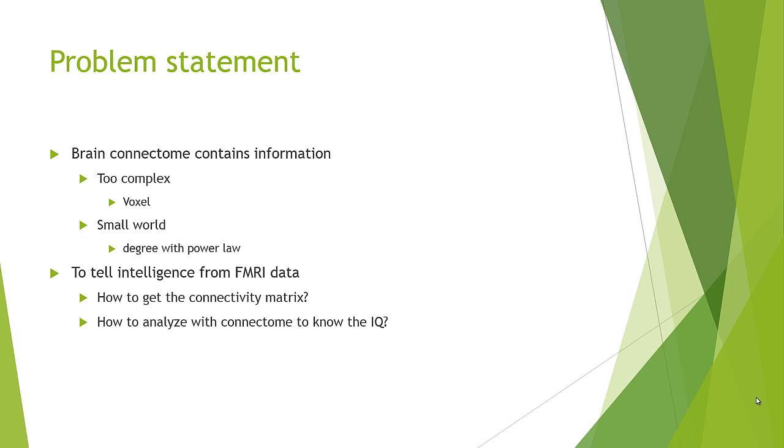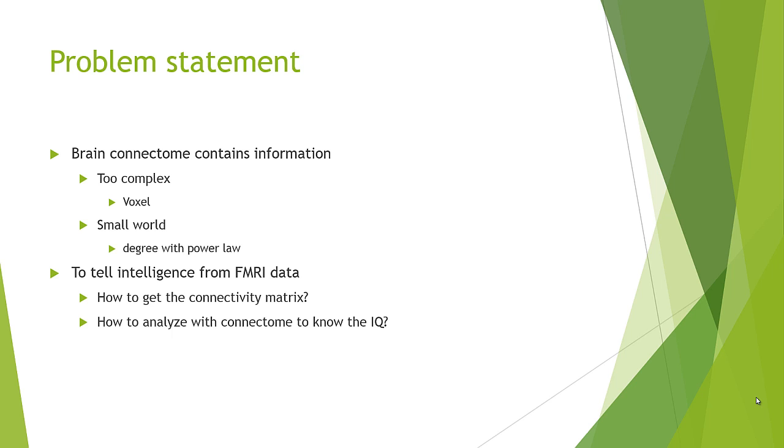So there are many available techniques that we can utilize to study the brain connectivity. There are a lot of technologies, for example, we can use fMRI, we can use EEG.